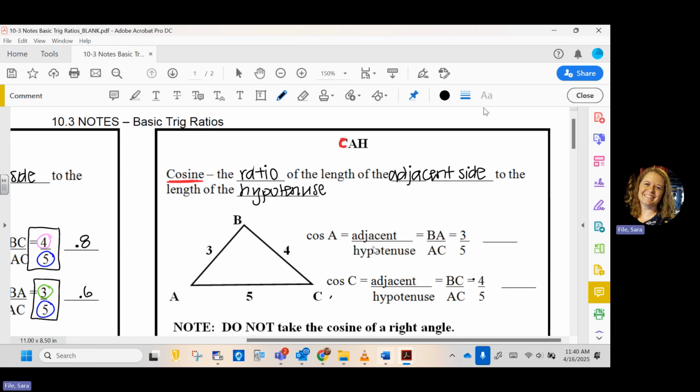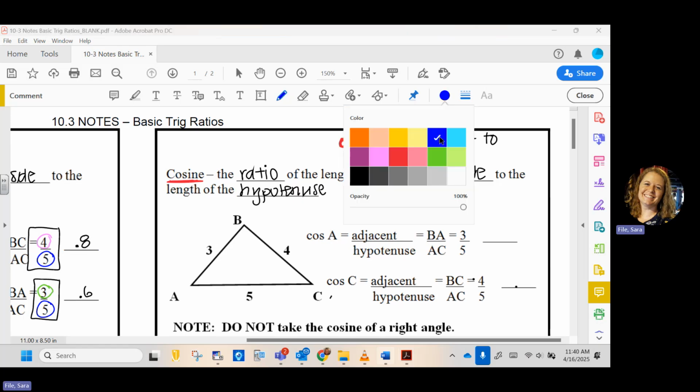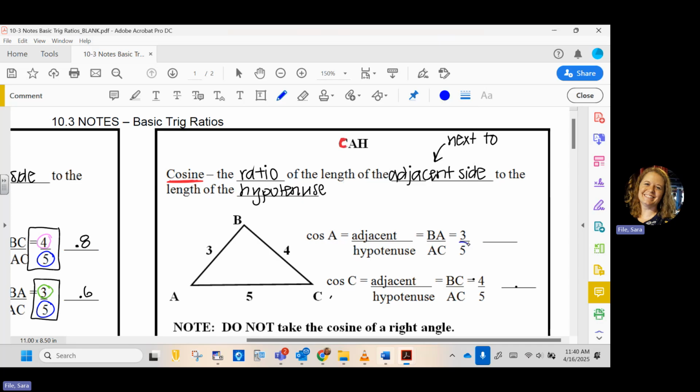See, it's adjacent over hypotenuse. Adjacent means next to. So it's the leg next to that angle, adjacent to that angle, not opposite it, but actually touching it, the leg that touches that angle. So again, my hypotenuse is the denominator. Okay, it's across from the 90-degree angle. That's the hypotenuse still.